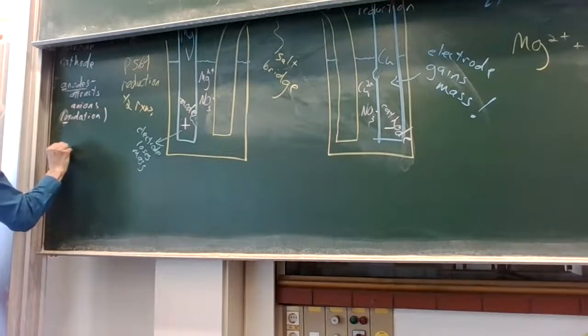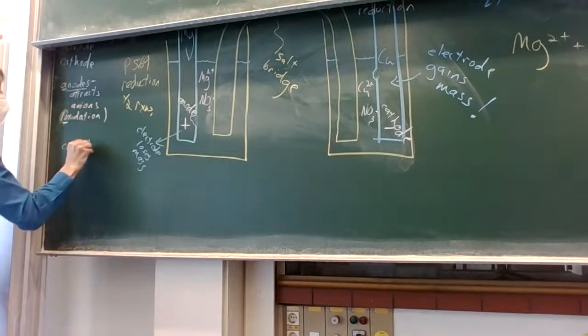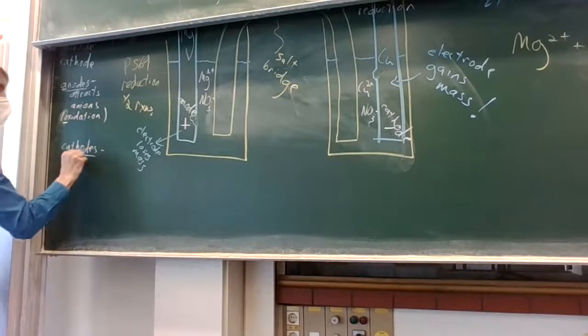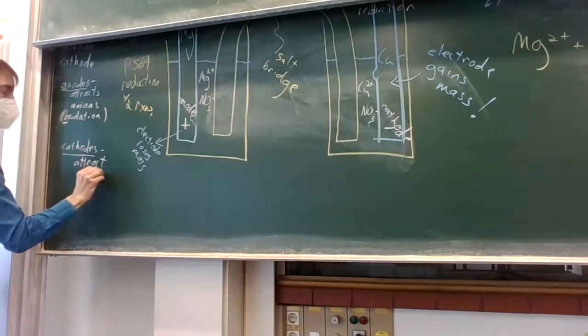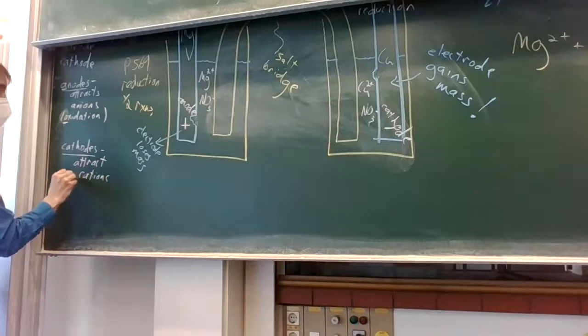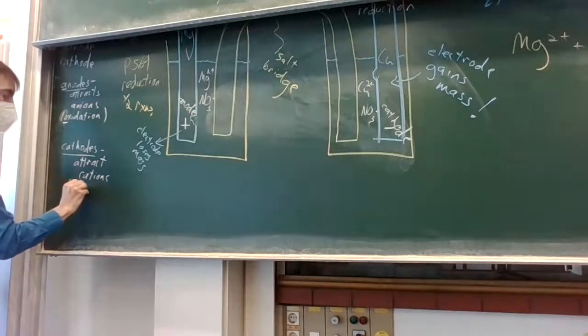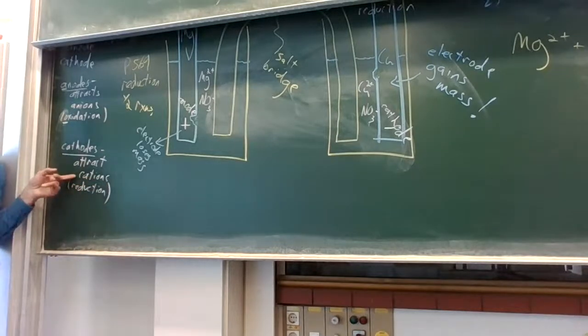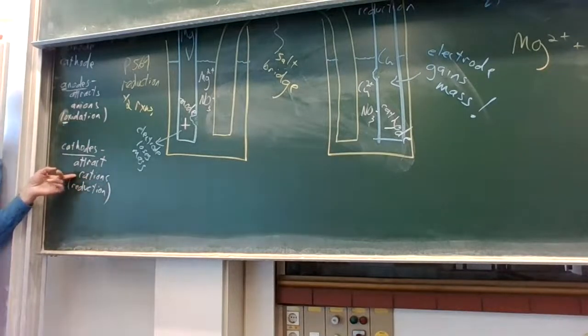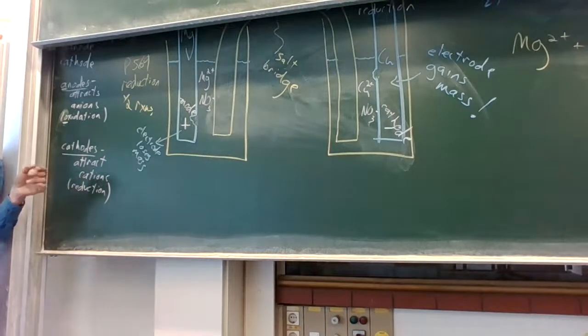And then cathodes attract cations, and so we get reduction happening. And if it attracts cations, then it must be negative itself. Just think about it. Opposites attract. Or did I screw up?